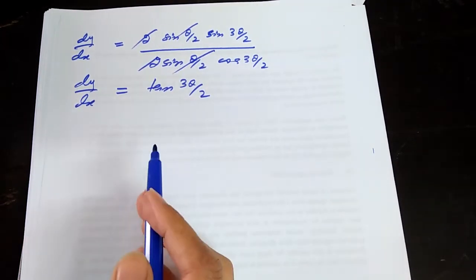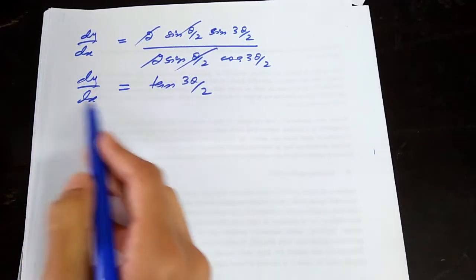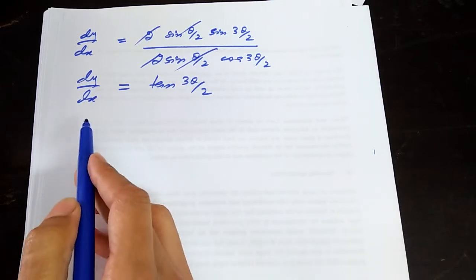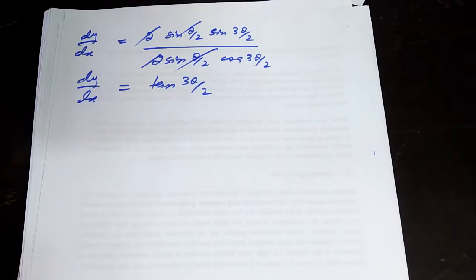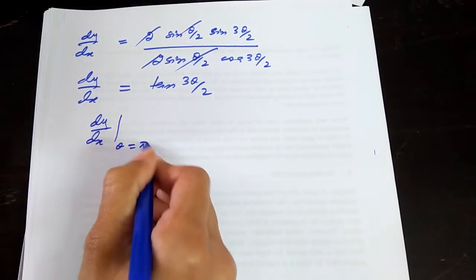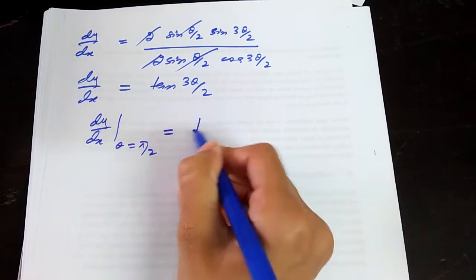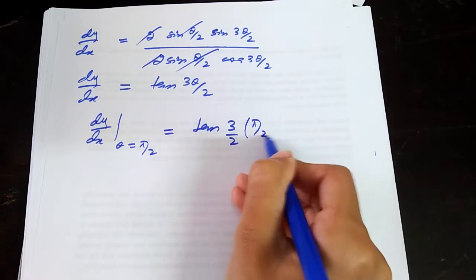For finding the equation of tangent and equation of normal, we need to find out the slope at the given point. The given point is at theta equals pi by 2. So dy by dx at theta equals pi by 2 will be equals to tangent 3 by 2, and theta is pi by 2 here.